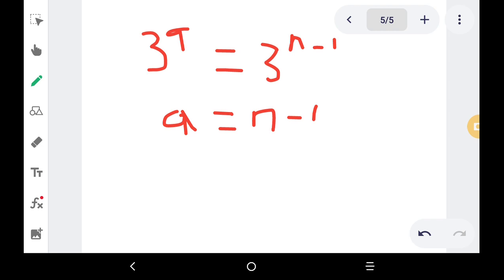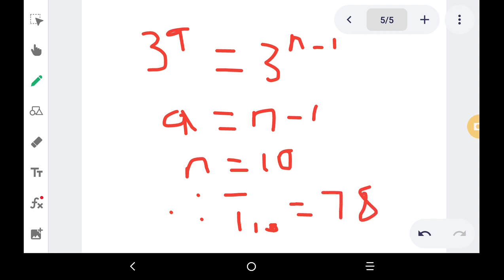Take the one to the other side, and n is going to be 10, and therefore T10 is the one which is equal to 78732. So that's it for today. Thank you.